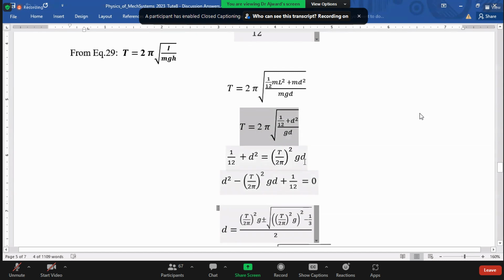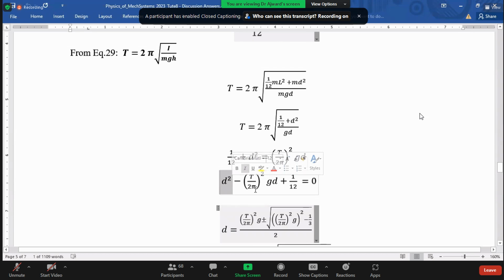And you get this equation. And if you rearrange it like a quadratic equation, remember ax squared plus bx plus c equals 0, which is the quadratic equation.